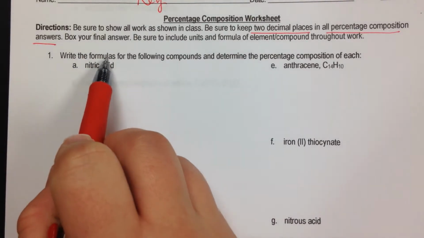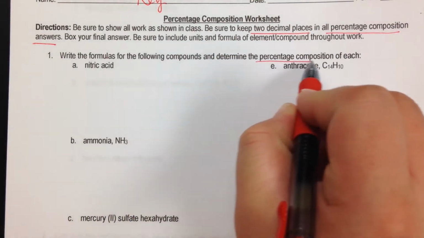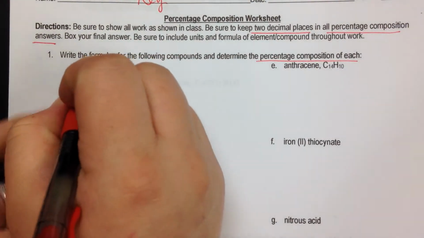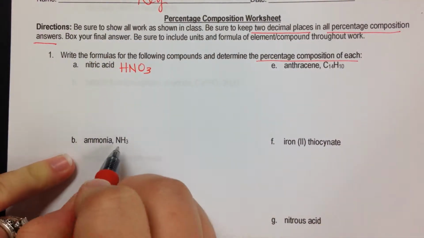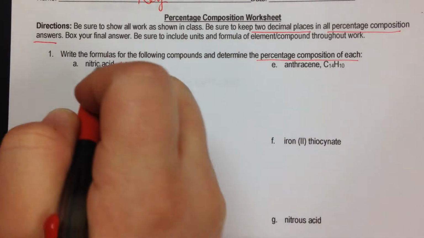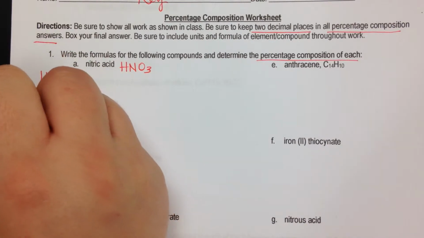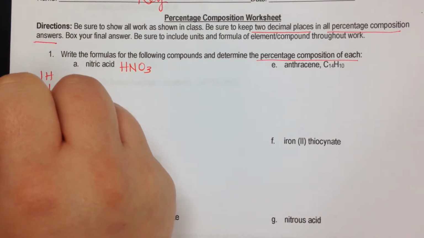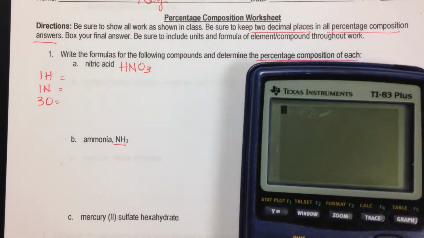So it says write the formulas for the following compounds and determine the percent composition of each, which means each element. So nitric acid is HNO3. Ammonia we already have. We'll do some more of these here in a minute. So on this first one, I want to list my elements as if I were calculating molar mass, in which I will be calculating molar mass here.